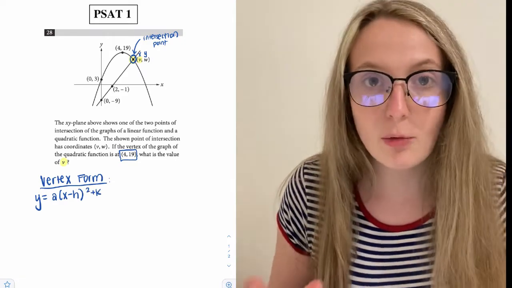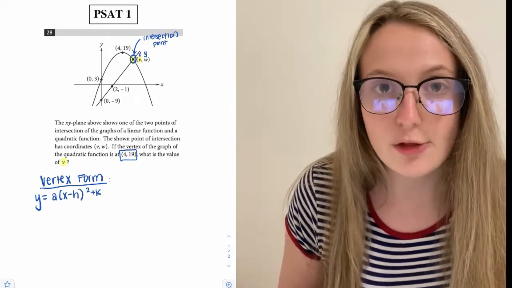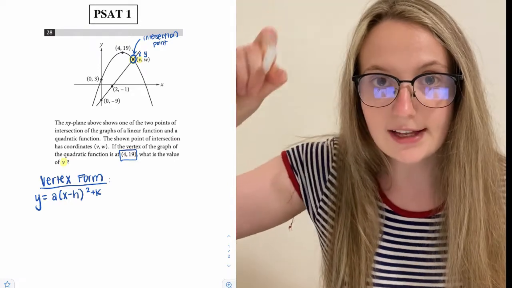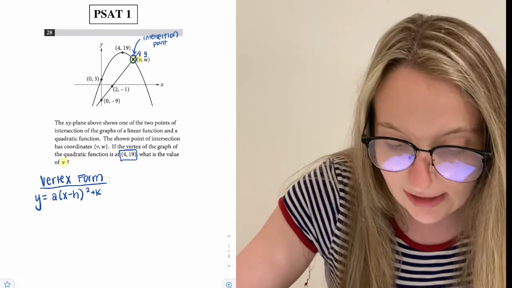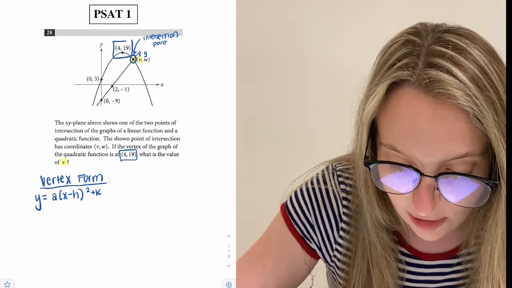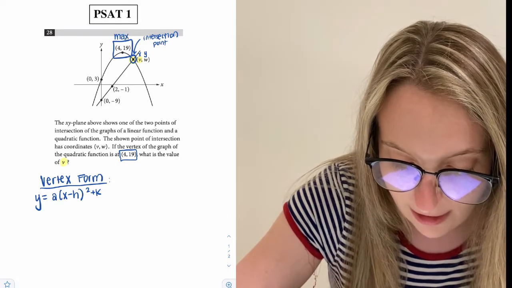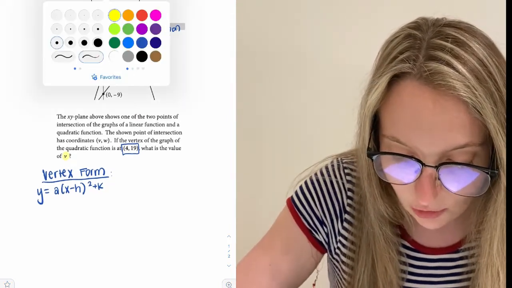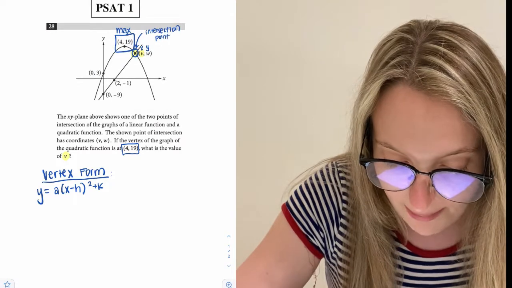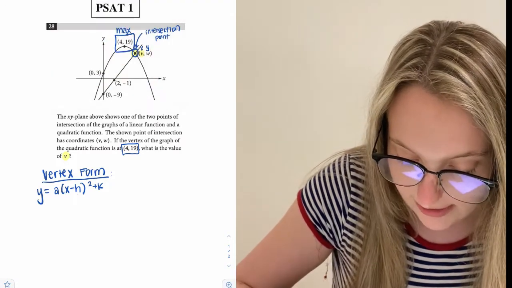And just to clarify what a vertex is, the vertex is either the maximum point if the graph is like this, or it's the minimum point if the graph is like this. So we can see right here that our vertex is occurring as the maximum point of the quadratic. So h comma k in this equation represent the x and y coordinates of the vertex.